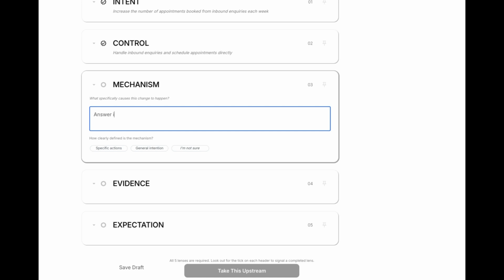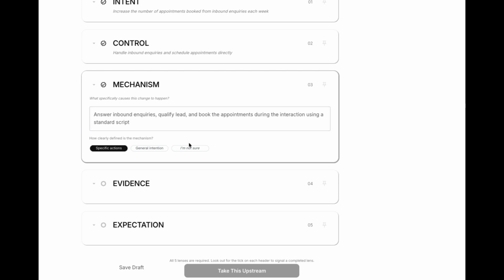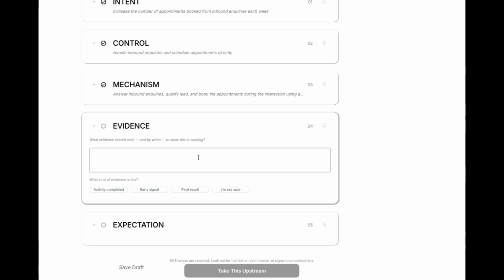Here, answer inbound inquiries, qualify the lead, and book the appointment during the interaction itself using a standard script. They're all specific actions, so we're going to declare specific actions, and we're going to move to evidence.